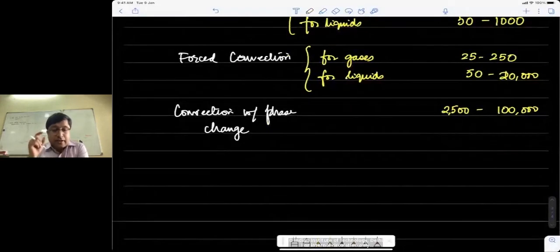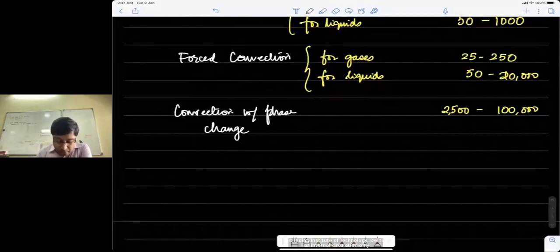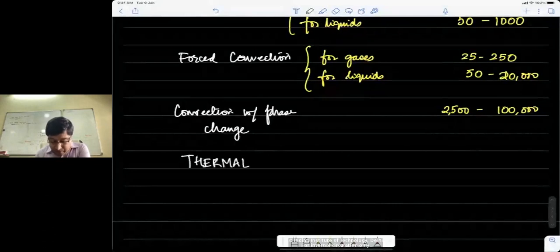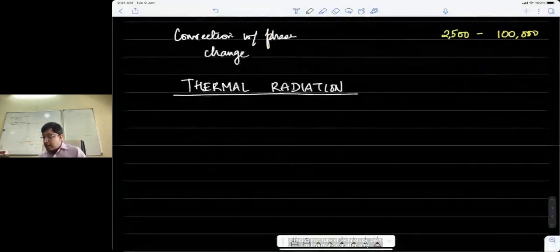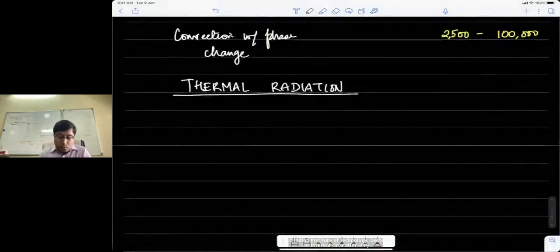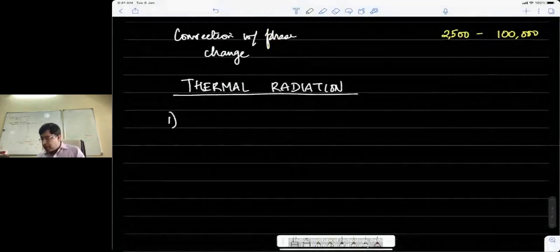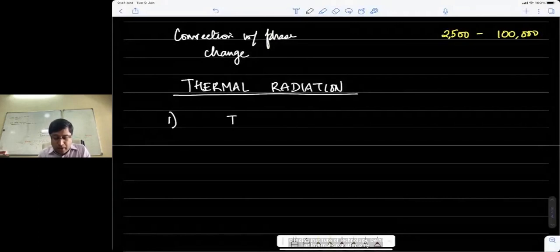Okay, so we have looked at conduction and convection. Now let me pick up the third mode, which is thermal radiation. As I mentioned in the last lecture, this is a mode which is always there as long as the temperature of a body is more than 0 Kelvin.